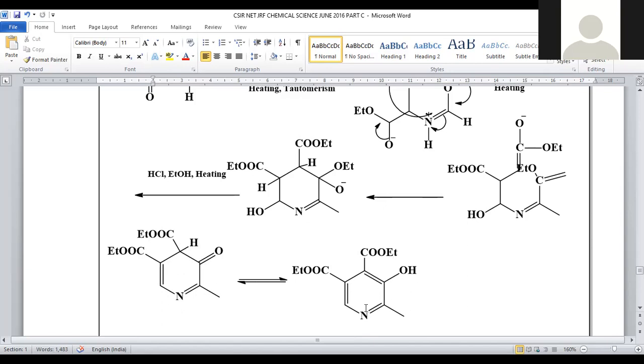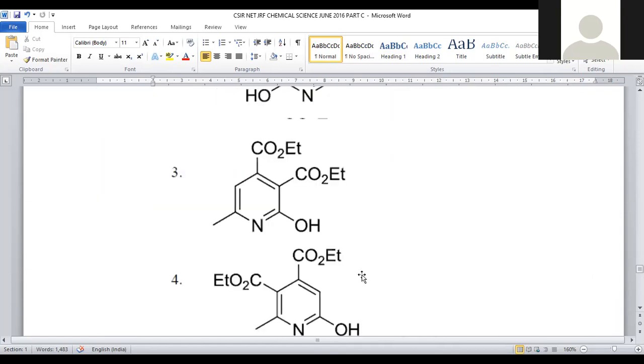So finally we got a pyridine with methyl, OH, COOEt, right? A 6-membered heterocyclic ring with nitrogen called pyridine, with a second position methyl, third position OH, and fourth and fifth position diester groups.